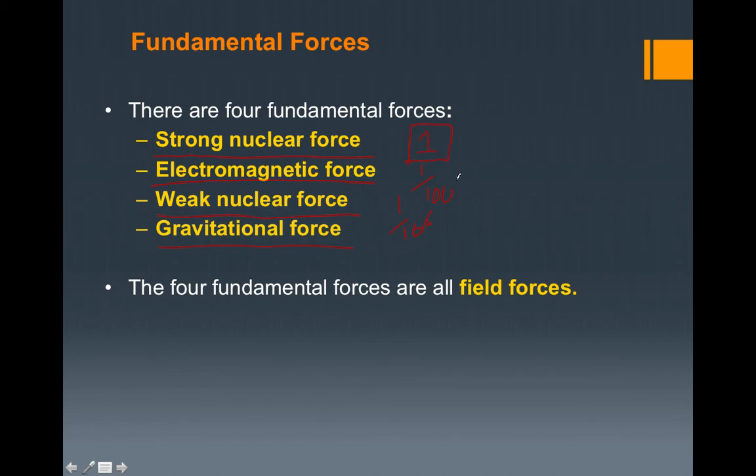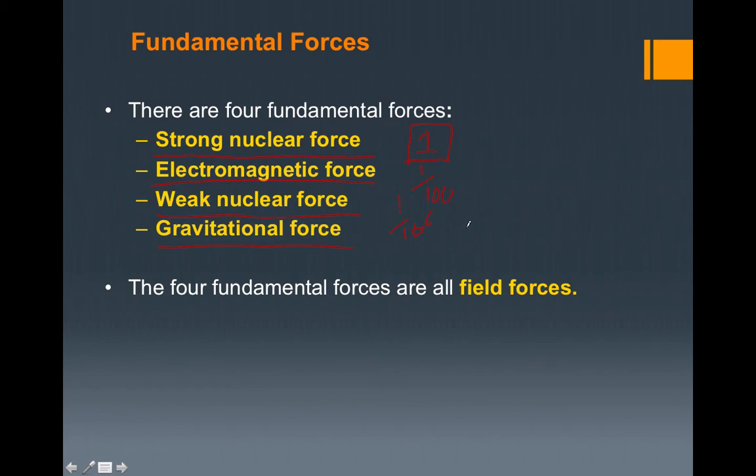So every push and pull you encounter, the reason that you don't melt into the chair that you're sitting on, the reason you don't fall into the floor, that is your electromagnetic force. So this is your electrons in your body repelling electrons elsewhere. Your weak nuclear force involves all the subatomic particles in an atom. And then we have gravity.